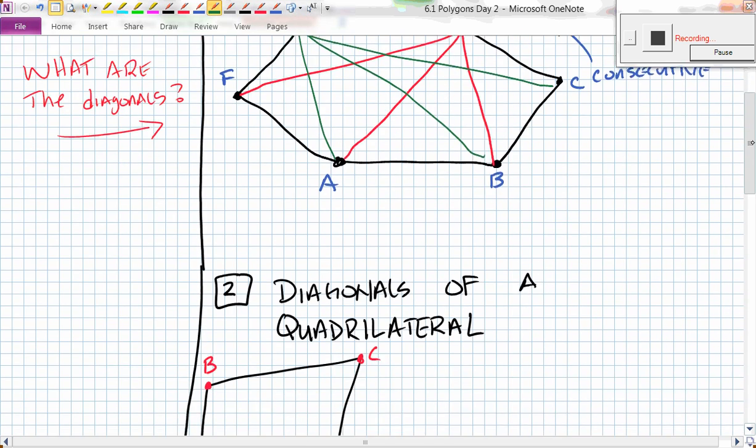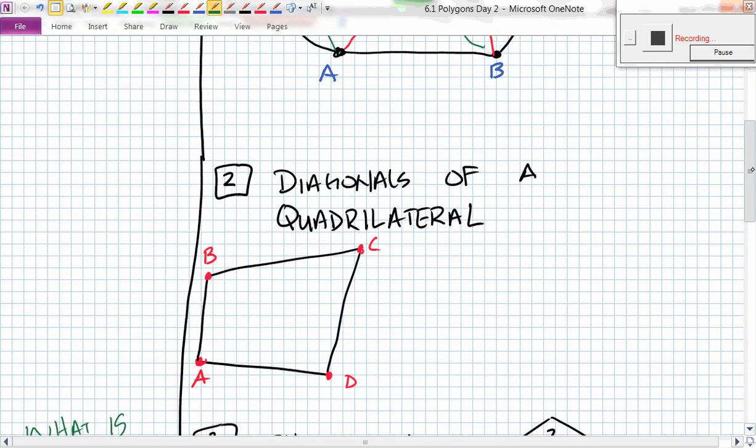Okay, let's apply this to a quadrilateral. Remember, a quadrilateral is a polygon that has 4 sides only. So there's something very unique and special that happens when you deal with a quadrilateral. Second box, you got it.